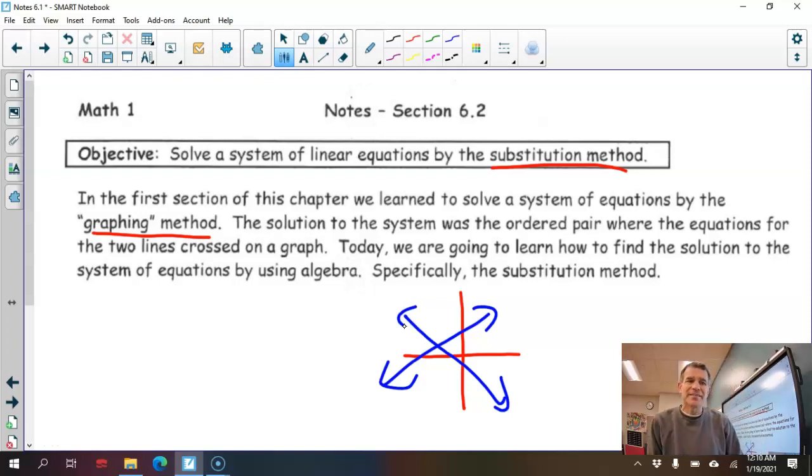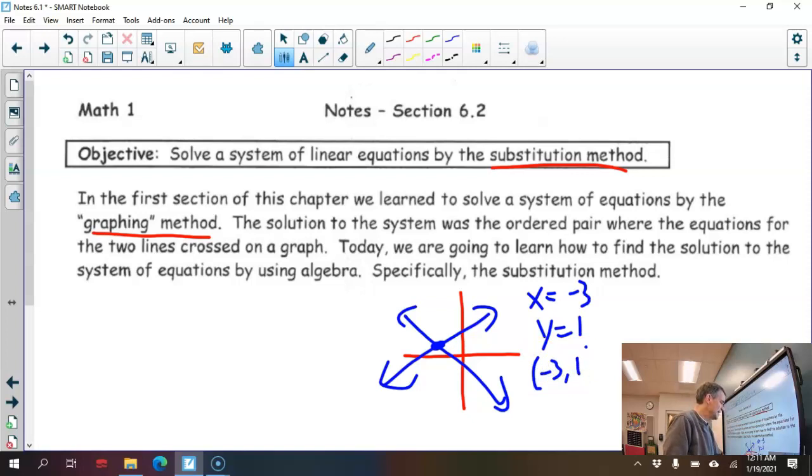And what we learned is that all the solutions to an equation are on its line. So the point where the lines cross would be the solution to the system of equations. Like for this, it might be x equals -3, y equals 1. Or we could write that as an ordered pair. You could write it as x equals, y equals, or as an ordered pair.